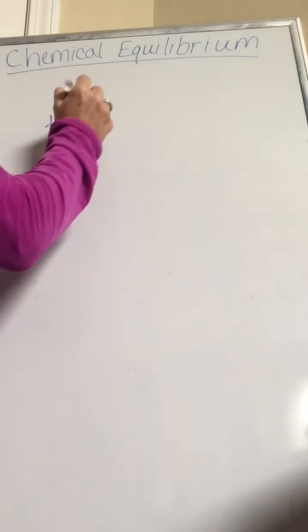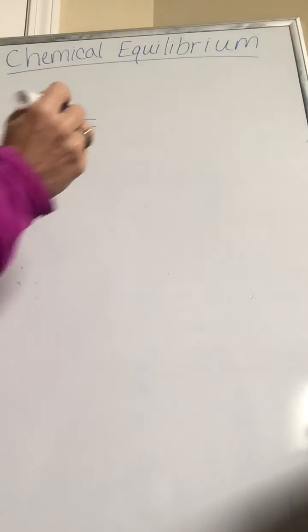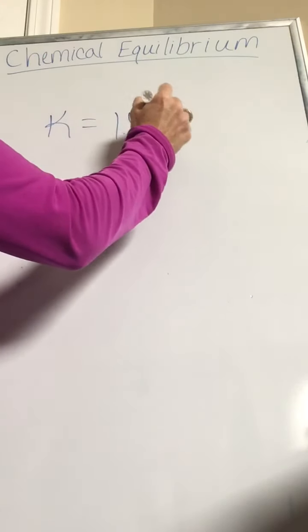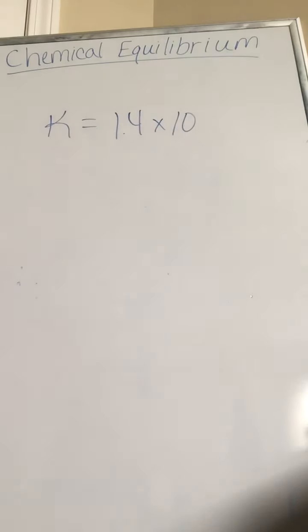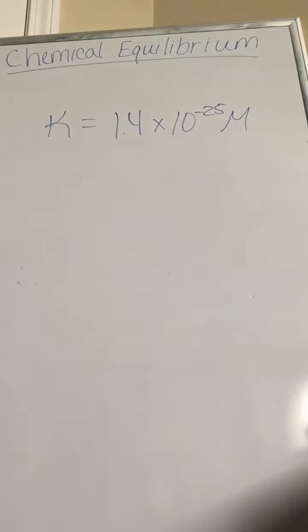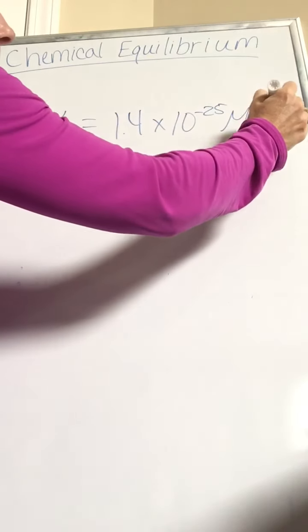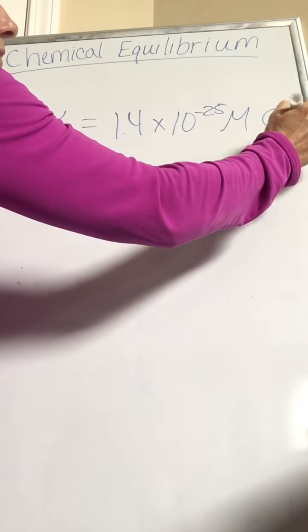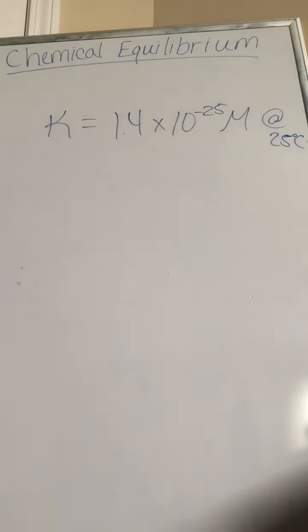We have K equals 1.4 times 10 to the negative 25th molar at 25 degrees Celsius. The question is, how can this be written as a one-way reaction?